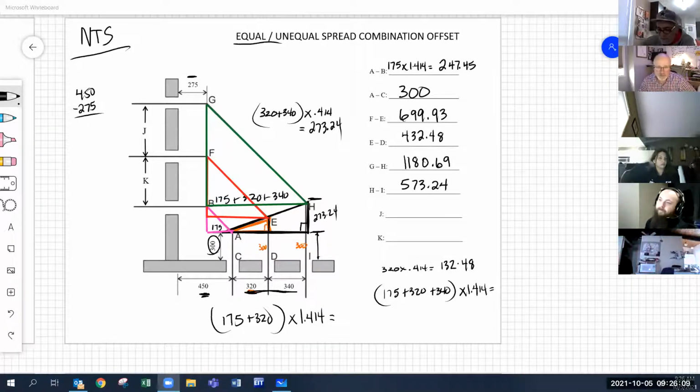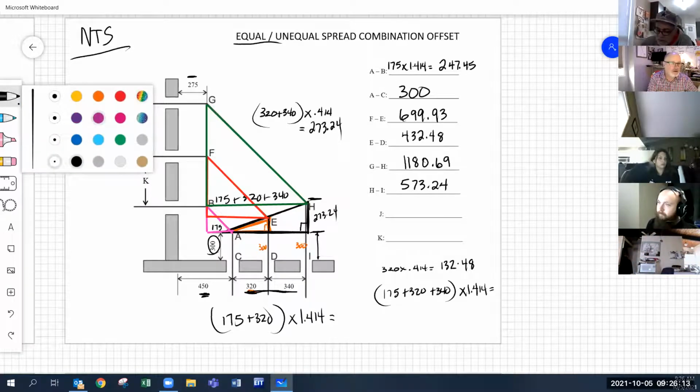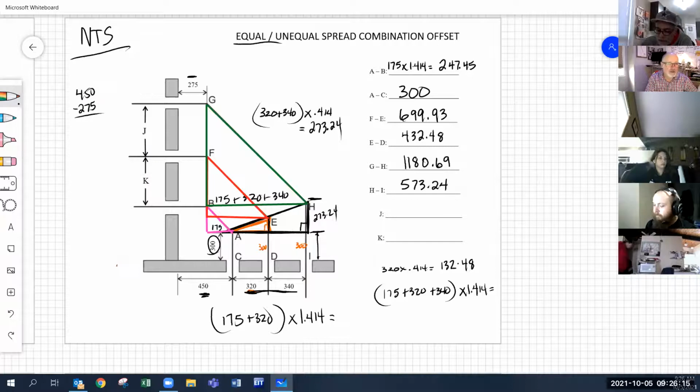Now I'm going to solve for J. So J is over here, as you can see it. Now I'm going to draw a right angle triangle right in here. This is my right angle triangle right in there.